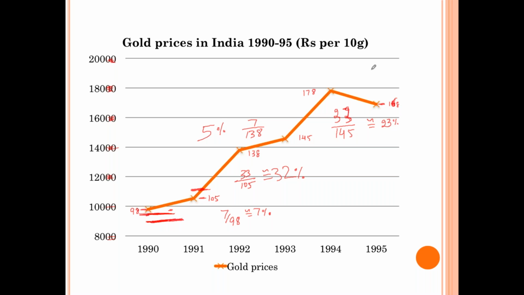And then there is a decline of 10 on 178, which is approximately 5.5% minus, right? Is it clear to everyone? Let me see.